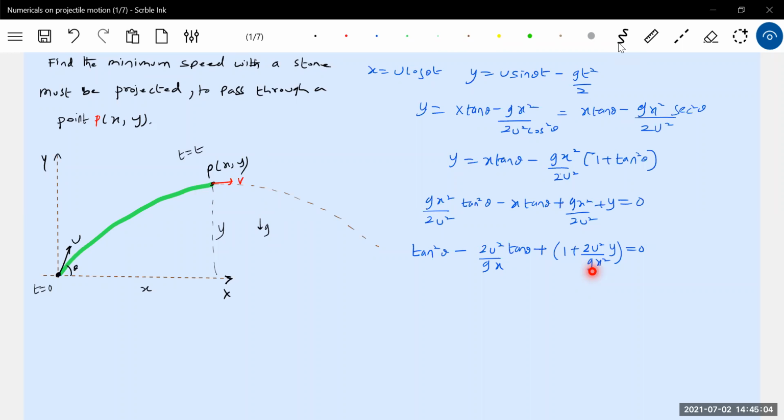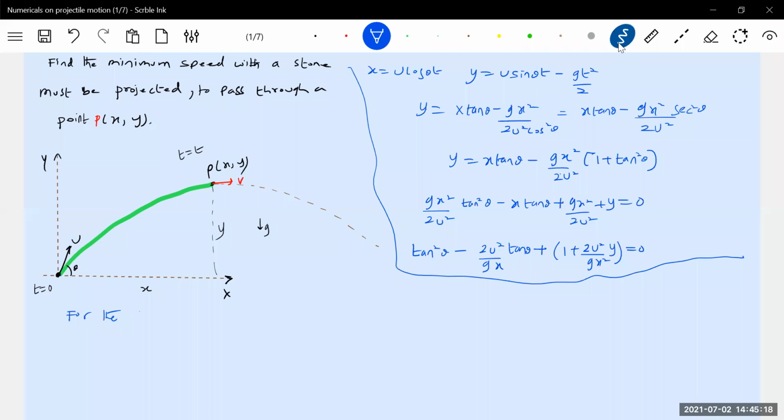So now for the stone, okay, here only we can end up. I can write it here. For the stone to pass through the point P, the situation should occur, or it should be realistic.